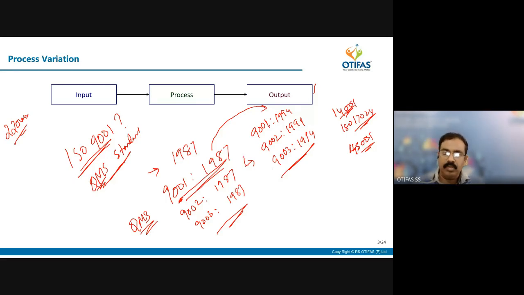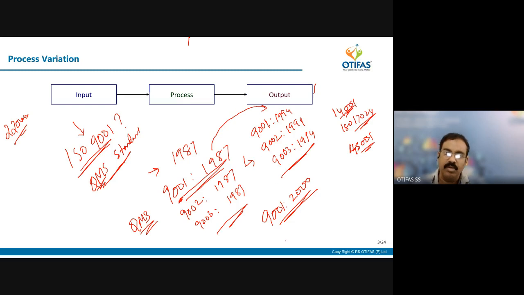Again in 2000, they made a revision, so it was known as 9001:2000. This revision was a major revision, and ISO 9001 became so popular because of it.